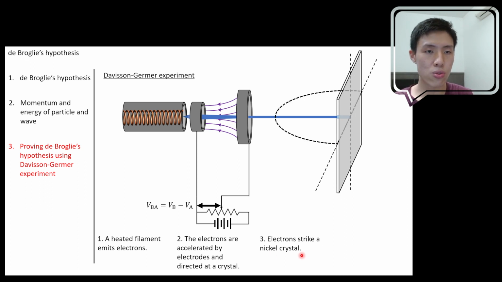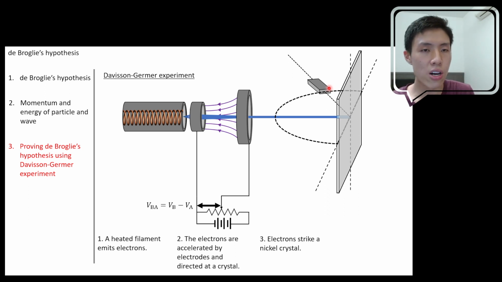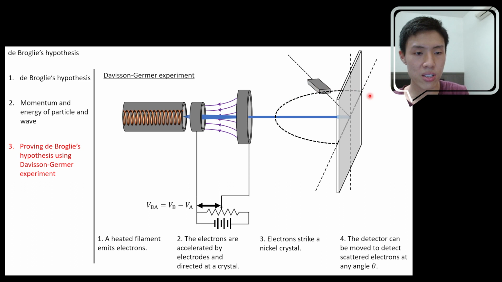Then what I'm going to do is place some kind of detector. It can be a photomultiplier tube or it can be a sensor. In this generation it may be a sensor, but in those times I think it was a photomultiplier tube. Don't worry too much about the device, just know that it is a detector. We are going to install a detector that can measure from 0 degrees to 90 degrees to see where we can find the scattered electrons.